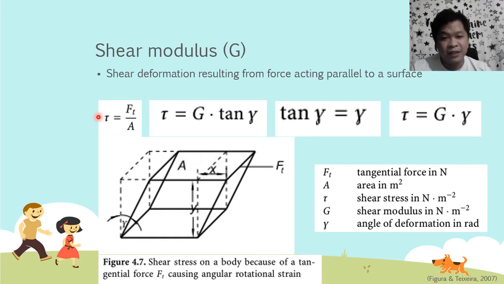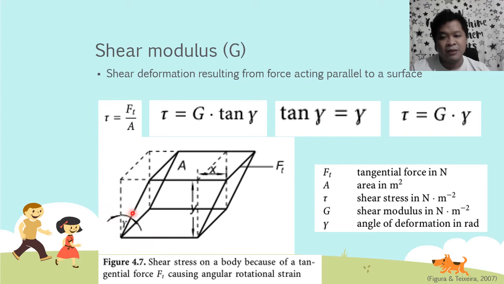In this case, the shear stress tau is equal to the tangential force applied over the area where the force is being applied parallel to, and that same tau is equal to the shear modulus multiplied by tangent of the angle of deformation gamma.